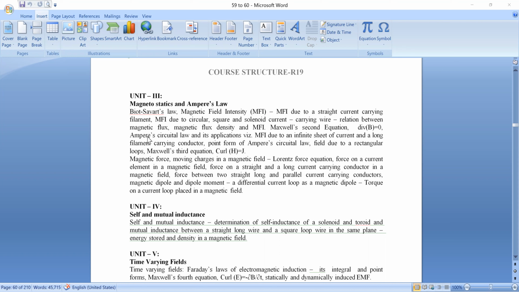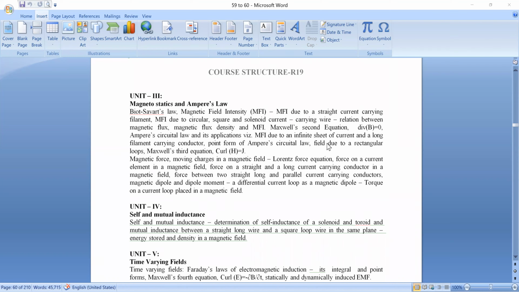And the next law, Ampere's circuit law. Here also we discuss the applications of Ampere's circuit law, like magnetic field intensity in the case of an infinite sheet, and also a long filament carrying current, and also we discuss the point form of Ampere's circuit law.